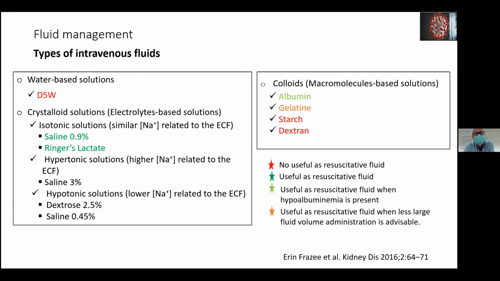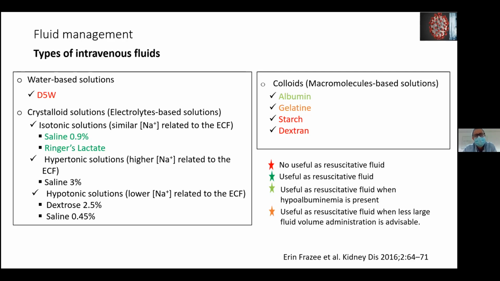Then crystalloid solution, that is an electrolyte-based solution that can be divided into isotonic, hypertonic, or hypotonic solution, depending on the relation of the sodium concentration to the plasma. The most widely used crystalloid solutions we have are saline 0.9%, which we call normal saline, and Ringer's lactate.